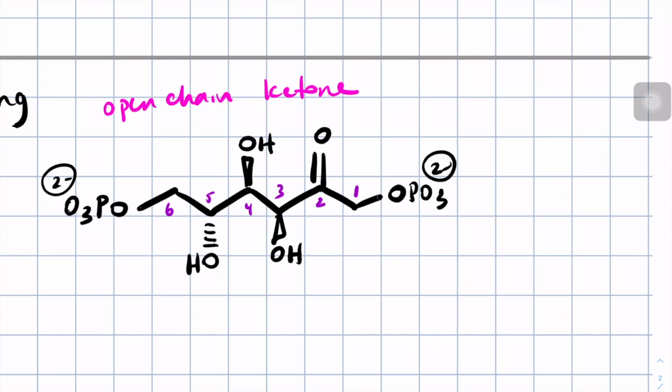That if you saw an alpha beta unsaturated carbonyl compound, you could have made that through an aldol reaction. Or if you had a beta hydroxy carbonyl, you could have made that through the aldol reaction. And I want you to pay attention because embedded in this molecule, we definitely have a beta hydroxy ketone. And this is an aldol product.